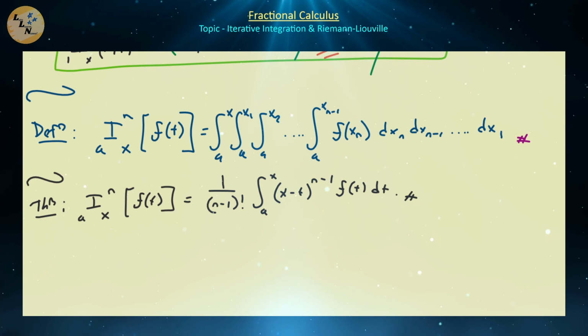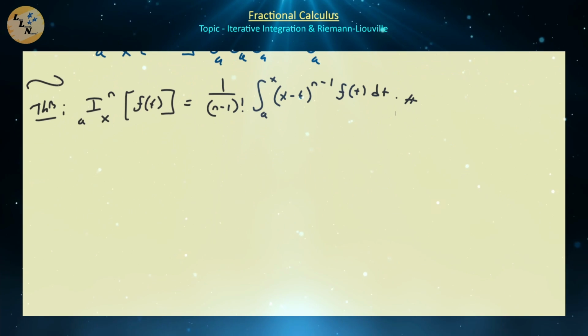So instead of doing those n integrals out, you can actually just evaluate a single integral that is equivalent to doing the iterative integration process. And this formula is sometimes called the Cauchy formula for integration, and you can easily prove this via the fundamental theorem of calculus, mathematical induction, and possibly Leibniz rule, depending on how you go about doing that.